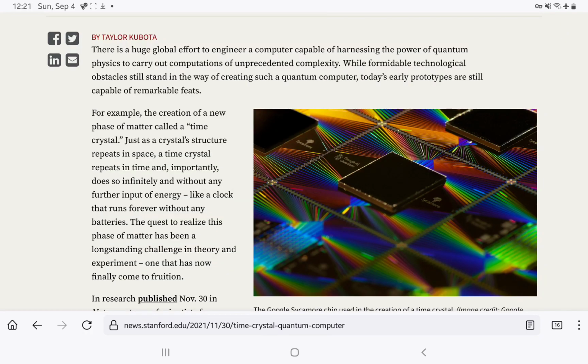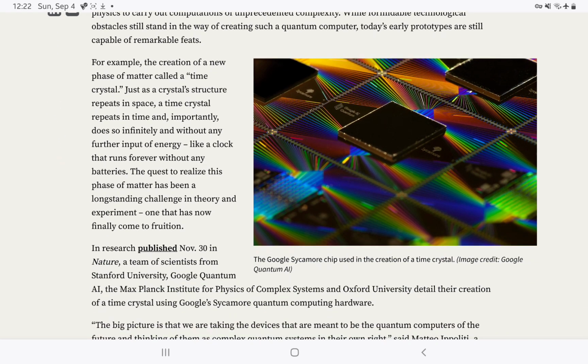There is a huge global effort to engineer a computer capable of harnessing the power of quantum physics to carry out computations of unprecedented complexity. While formidable technological obstacles still stand in the way of creating a quantum computer, today's early prototypes are still capable of remarkable feats. For example, the creation of a new phase of matter called the time crystal.